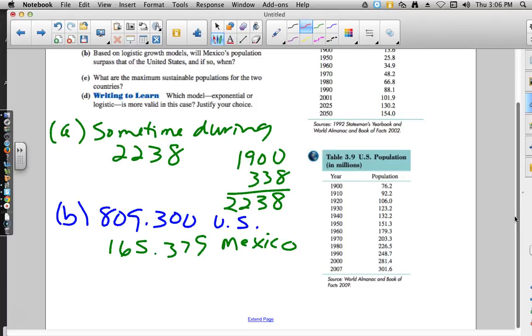So for B, based on the models, will Mexico's growth surpass that of the United States? And if so, when? We would just put no, never. And then these pieces of information that I have are definitely explaining why not. And in fact, when we've done that, as you read C, it says, what are the maximum sustainable populations for the two countries?